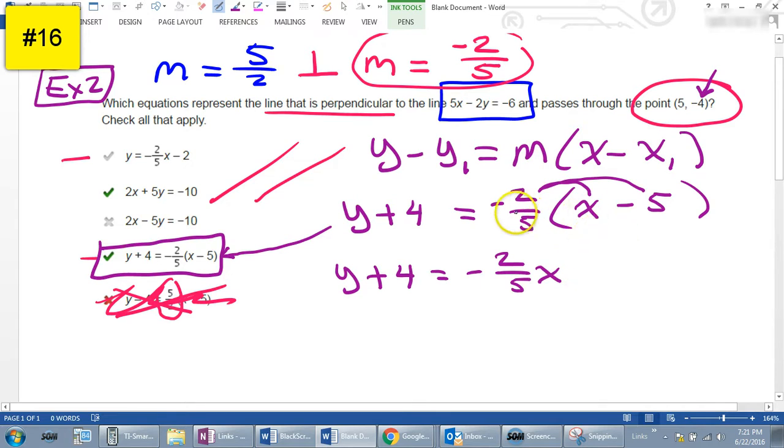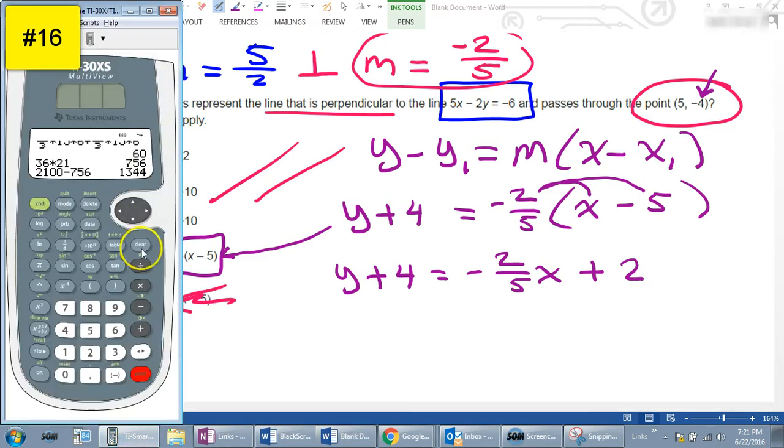Now I have to do negative 2/5 times negative 5. Now I know that that's going to be positive 2 because I can do that in my head. But if you can't do that in your head, like many students can't, then you would do it in your calculator. So you could do negative 2/5, okay, times negative 5.